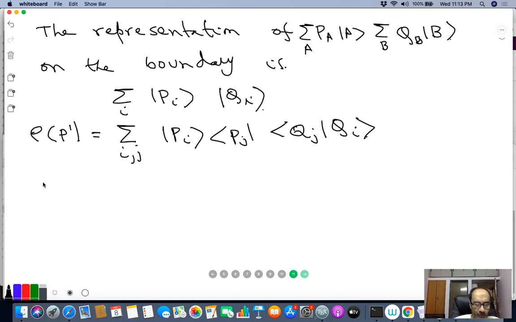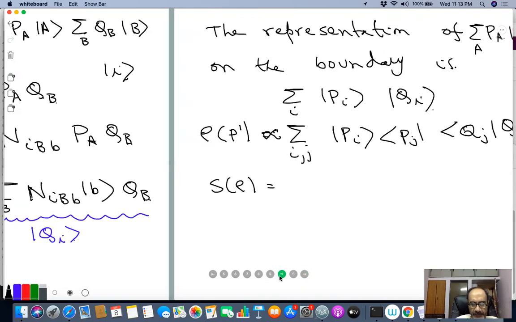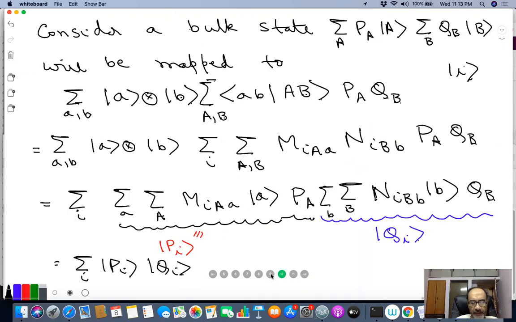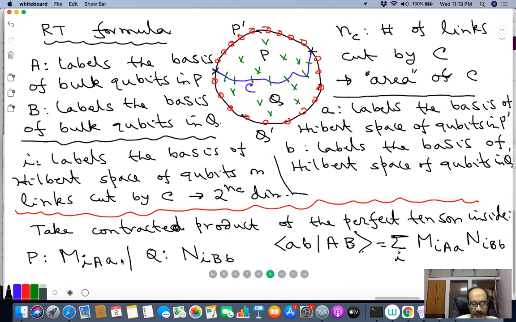And now the entanglement entropy is, okay, I should have said that all this is proportional to this, because these are not normalized states. Why are they not normalized? Because, as we discussed, we are thinking of these M's as matrix contractions, but in general, if you want to think of this as isometries, then you have to turn the indices.